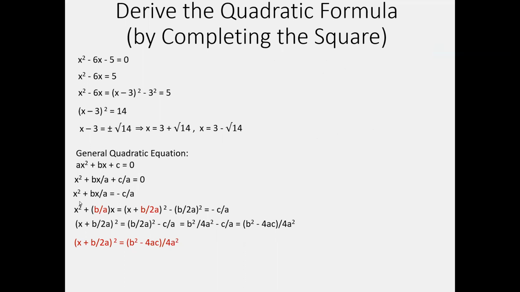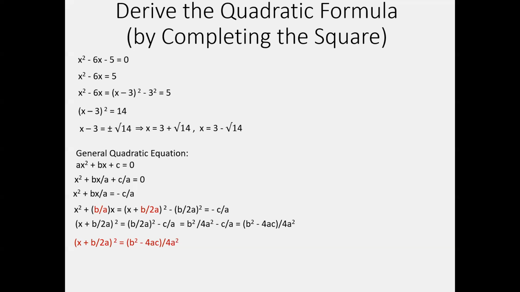So here we are up above. Applying our algorithm, we want to bring that plus c over a over to the other side. And now I want to complete the square. I'm looking at this thing here, and I want to write this as a perfect square. I know the way to do that is to look at that middle term and cut it in half. Cutting b over a in half will give me b over 2a.